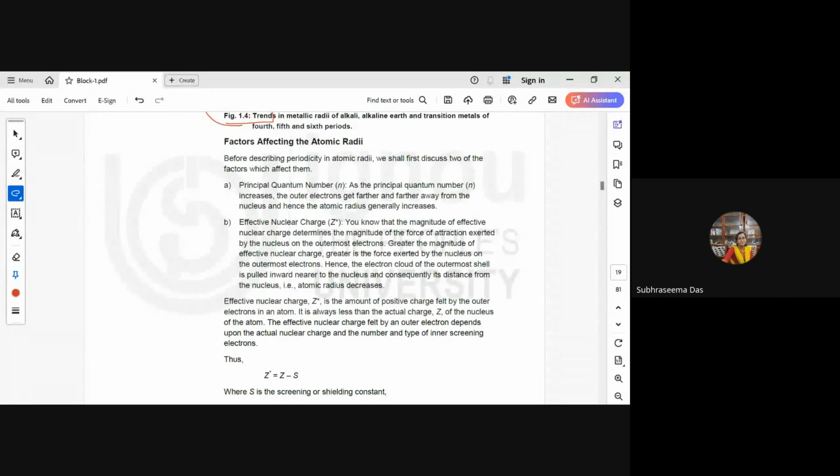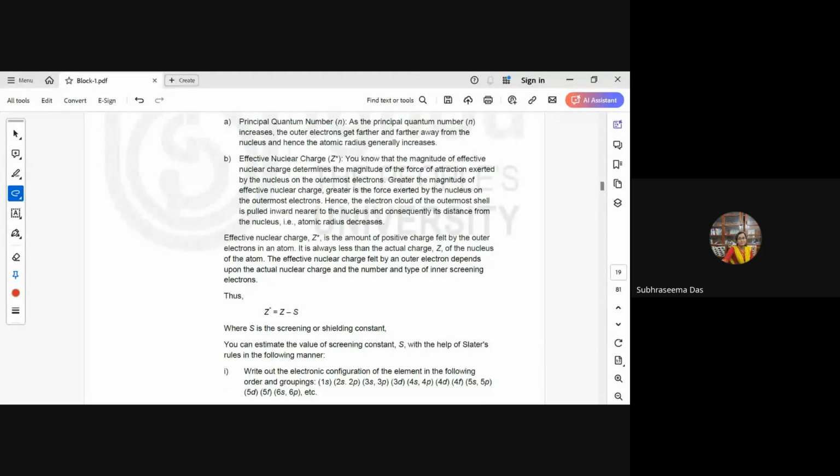When the magnitude of Z star is more, the force on the outermost electrons is more, so the electron cloud of the outermost electron is pulled inward. As the nuclear charge increases, the electron cloud is pulled inwards towards the nucleus, and consequently the atomic radii decreases. So first we'll define what this effective nuclear charge is.